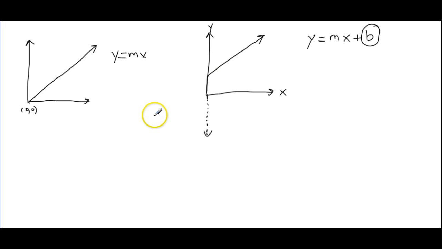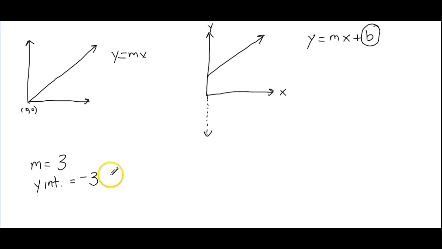So if I wanted to write down an example of a line in this form of y equals mx plus b, for a line that maybe had a slope of, let's say, 3, and it had a y-intercept of, let's say, minus 3.